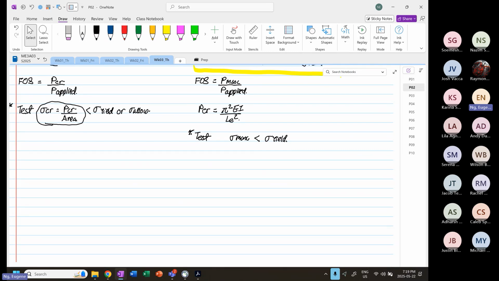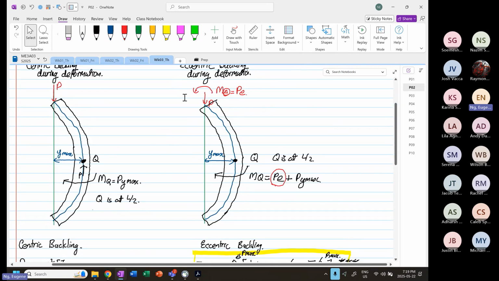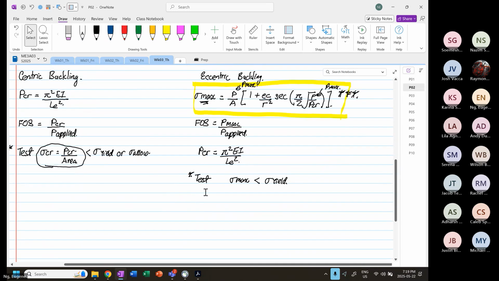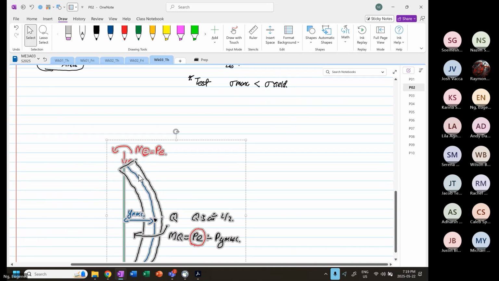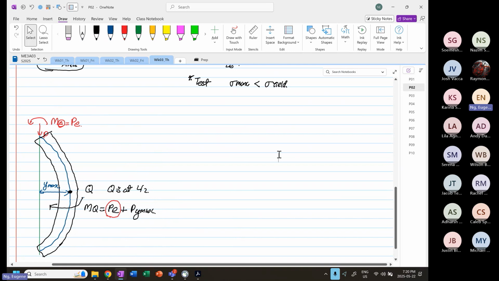So we are going to use this diagram now, and we are going to look at the moment at point Q.